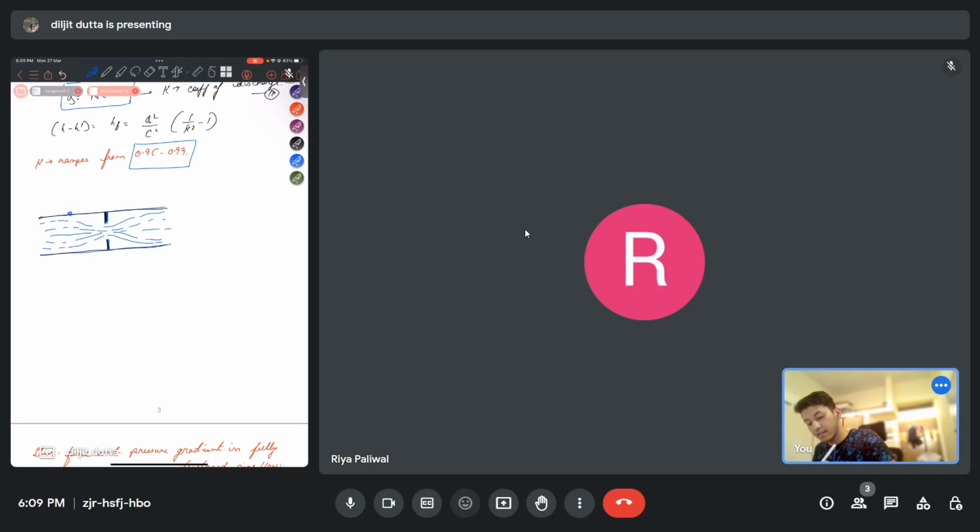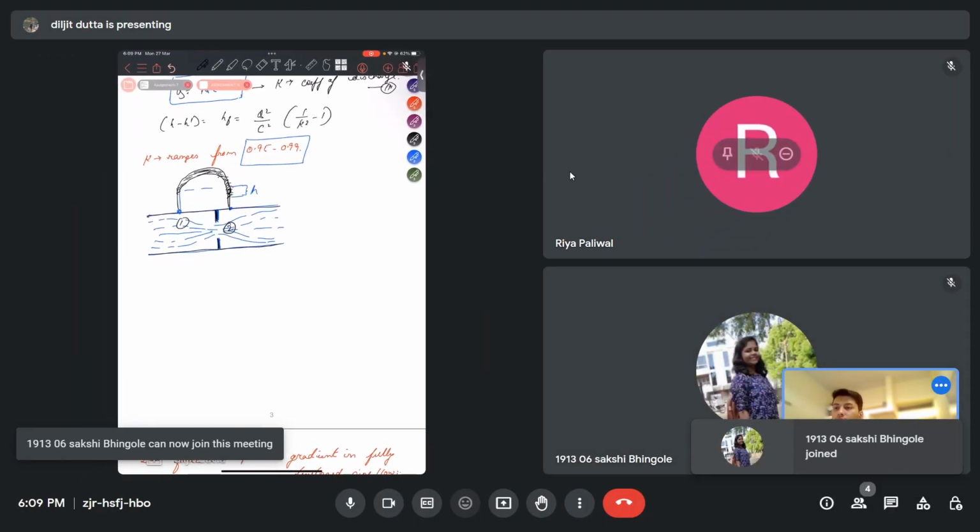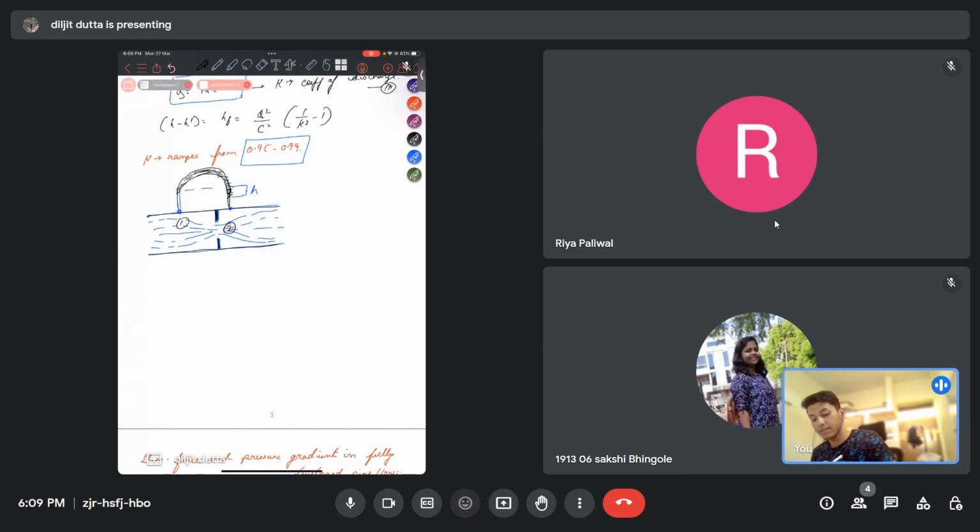We will be connecting this point to a U-tube manometer, and fill this with mercury. So the head difference between the two sections, section 1 and section 2, will be H, and it is given by the difference in the mercury levels in the U-tube manometer.